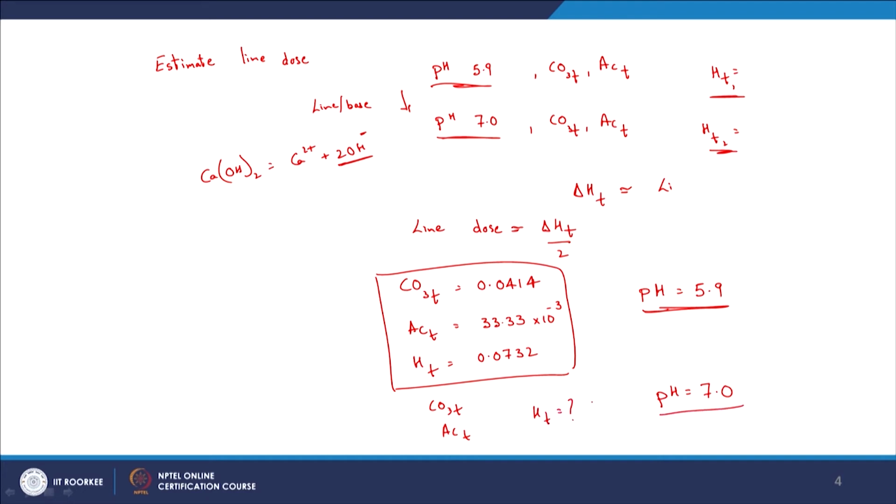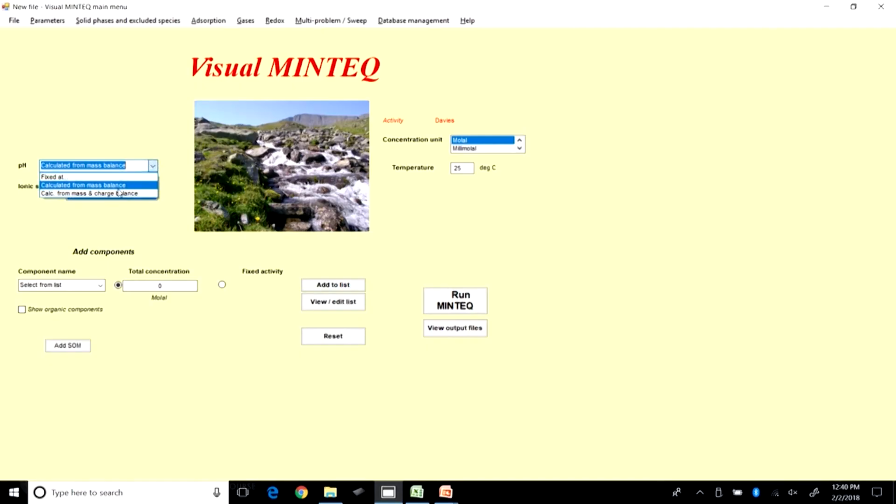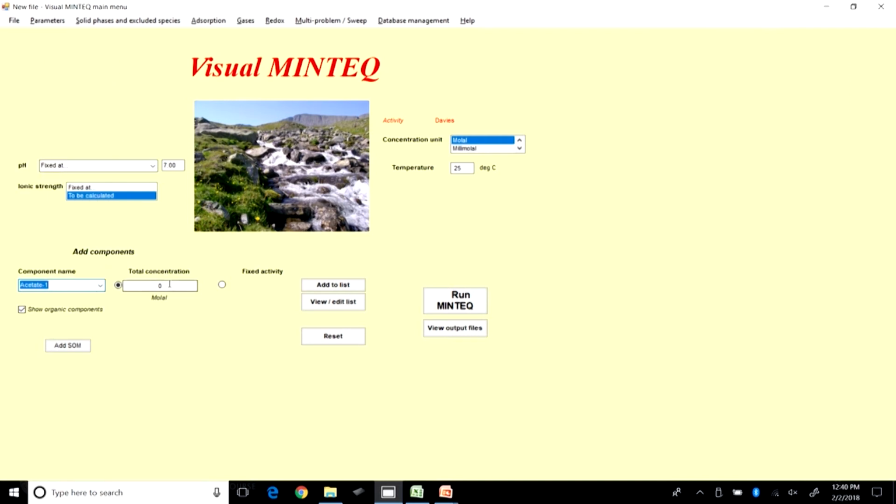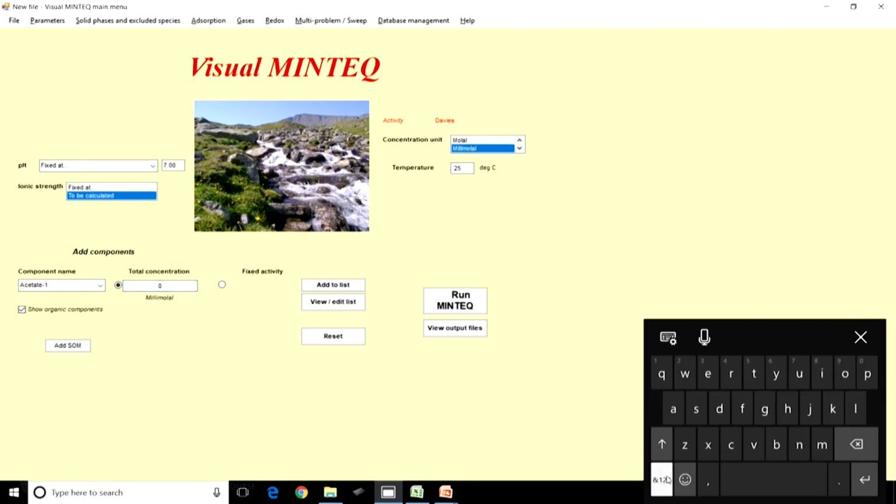So, let us go back to Vminteq now and plug in CO3 total 0.0414 and acetate total. So, the pH is now fixed at a particular value, and what is that? 7. I need to plug in acetate total and CO3 total, and first I am going to plug in acetate total. I think we mentioned that it was 41.4 millimolal.